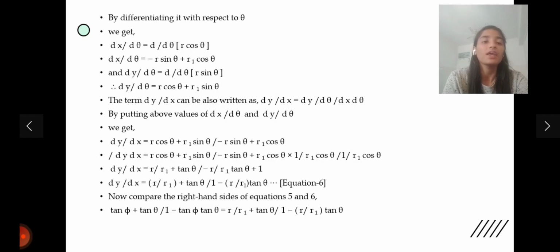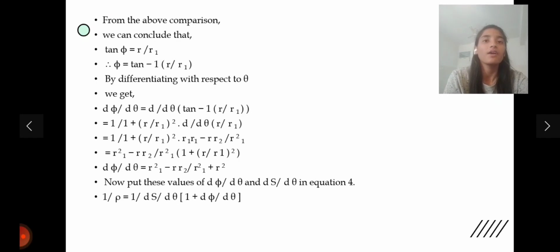This is equation 6. Now compare the right hand sides of equation 5 and 6. We get tan phi plus tan theta divided by 1 minus tan phi tan theta is equal to r by r1 plus tan theta divided by 1 minus r by r1 into tan theta.